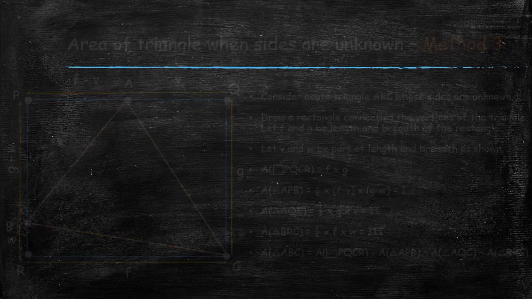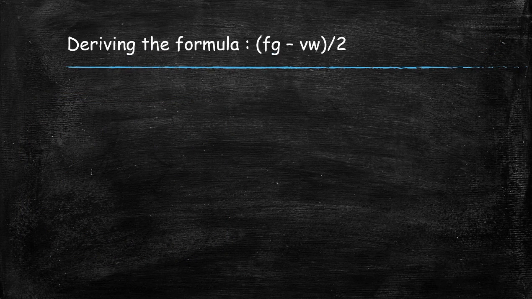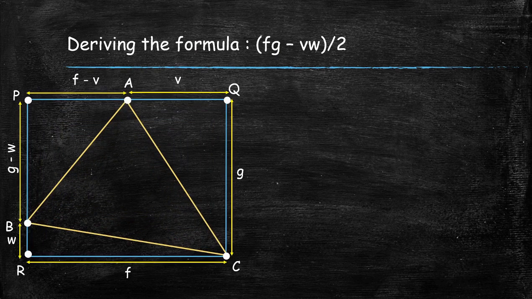So now we got the parameters, we got the length of sides. Now we will derive the formula (Fg minus Vw) upon 2. This is the formula we use to calculate the area of a triangle. So again we drew the same figure we drew in the previous one.